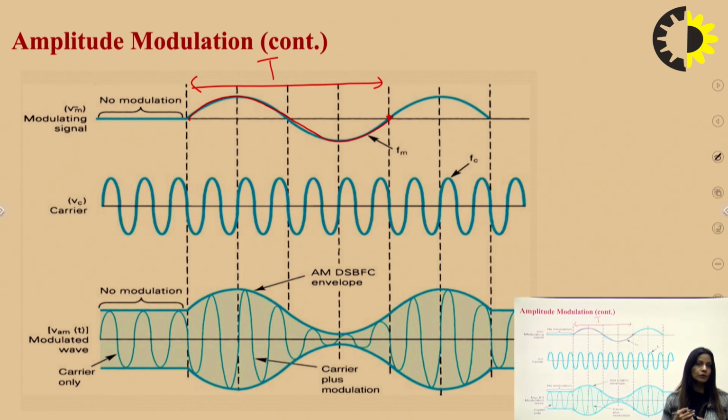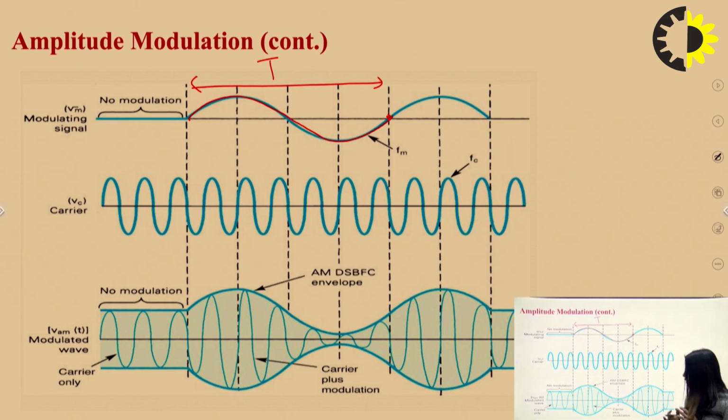What we do is we generate a carrier signal in which we take the frequency of the carrier signal to be very high, and then we combine these two waveforms, my modulating signal plus the carrier signal, to generate the amplitude modulated wave.